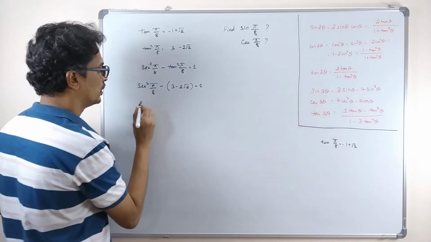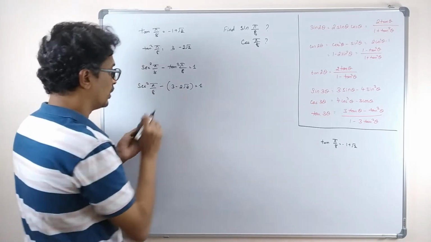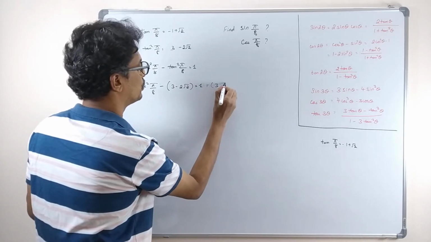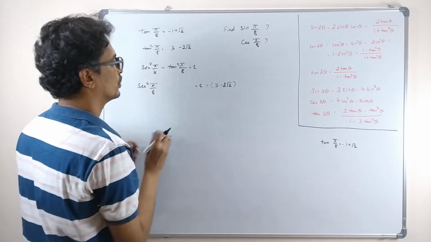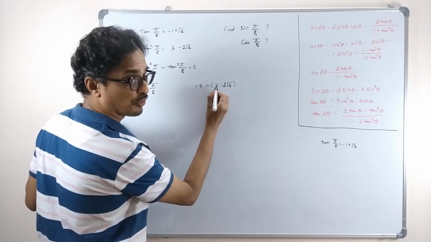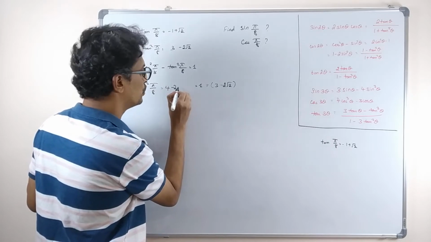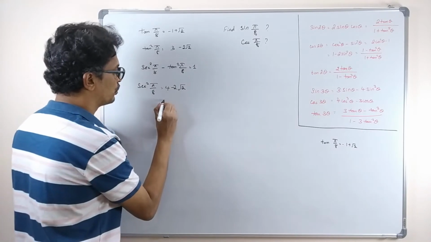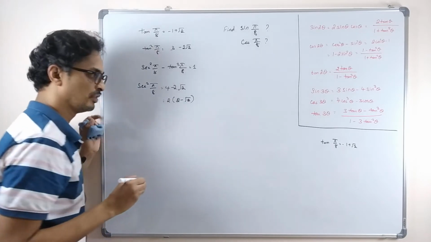So secant square pi by 8, if I take it here, becomes 1 plus 3 minus 2 root of 2. If I open this up, 1 plus 3 becomes 4, so we have 4 minus 2 root of 2. If I take one 2 outside common, it becomes 2 times 2 minus root of 2.